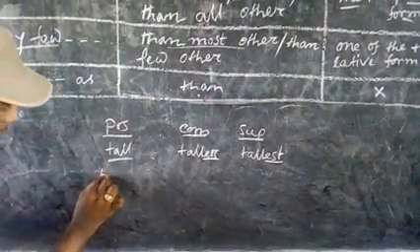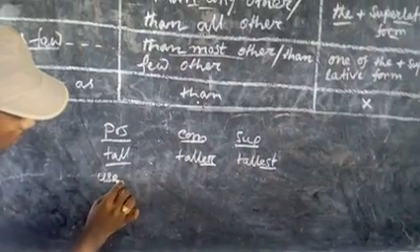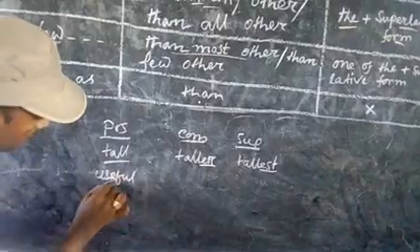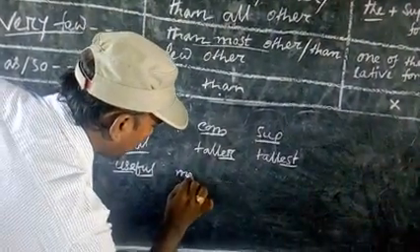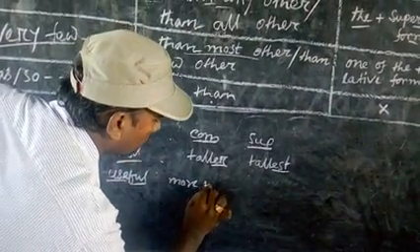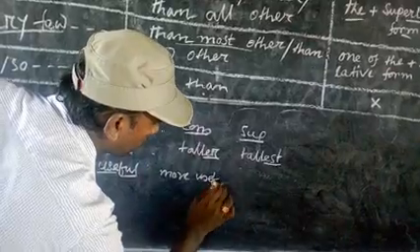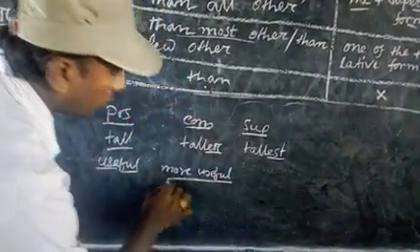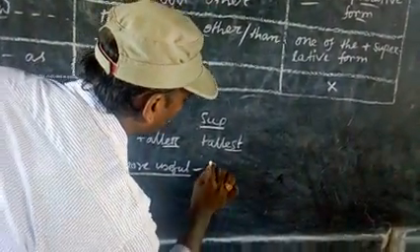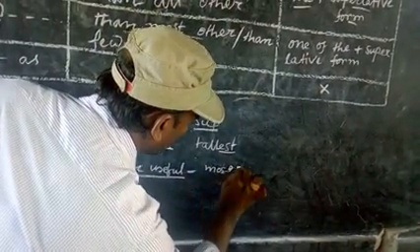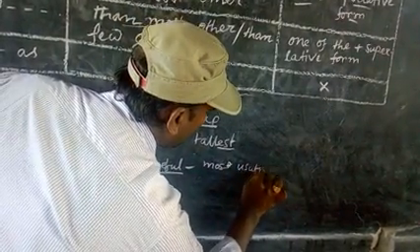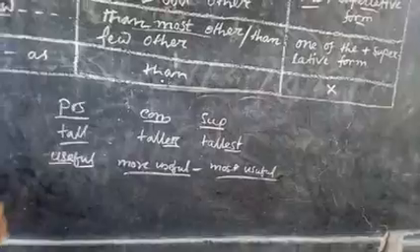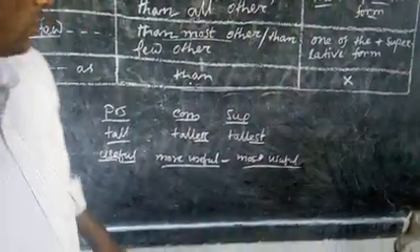But if the positive word is more than one syllable, useful, there are two syllables here, we have to add more before the positive word useful, that is more useful, and to make a superlative we have to add most before that positive word, that is most useful. Okay, dear students, I hope all of you understand it.